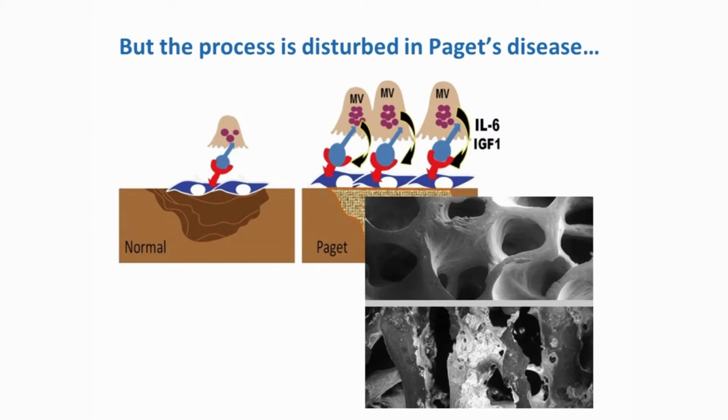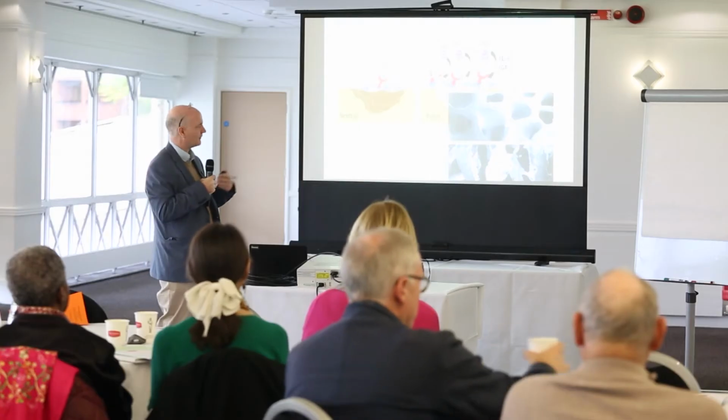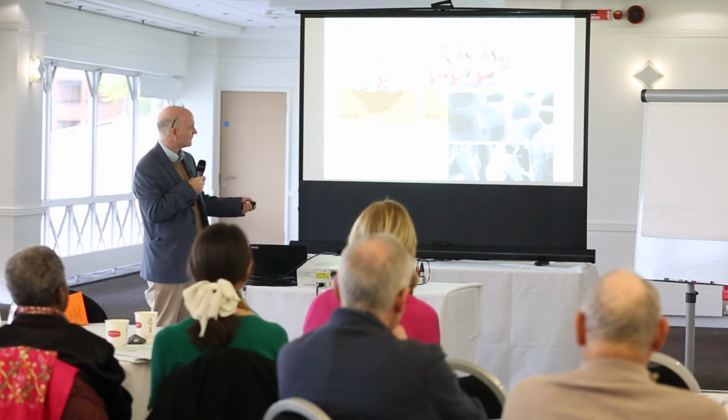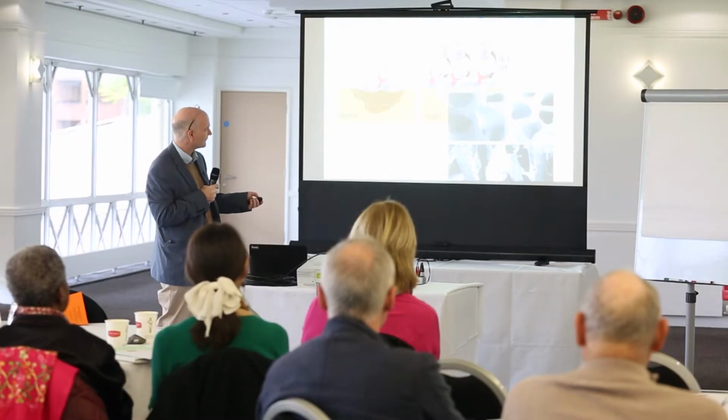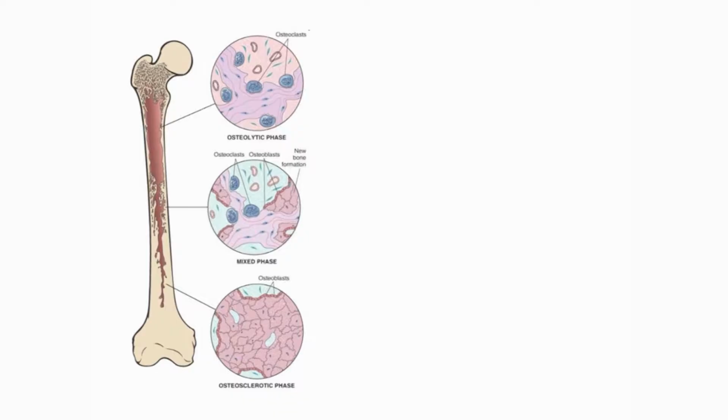If we look here on an image, this is what the honeycomb structure of normal bone looks like, but in Paget's disease you've got lots of bone taking away and bone adding activity going on, which leads to everything looking rather thickened and a bit more like a Weetabix than a normal bone appearance.